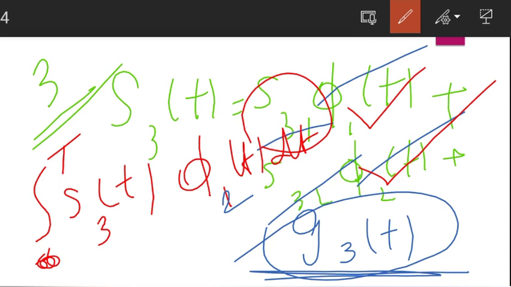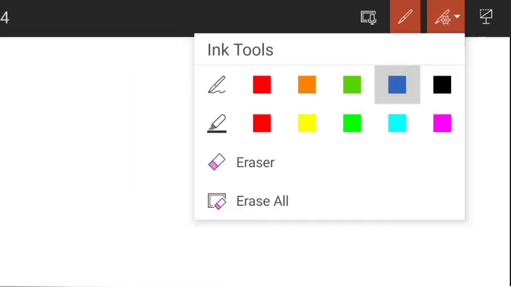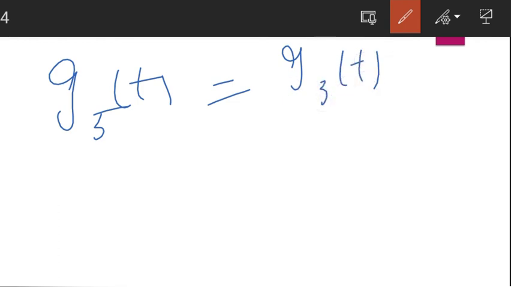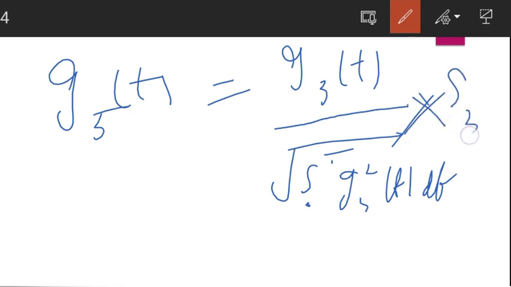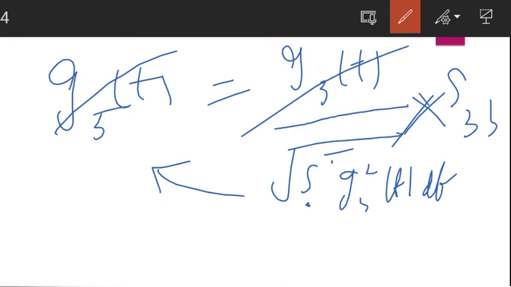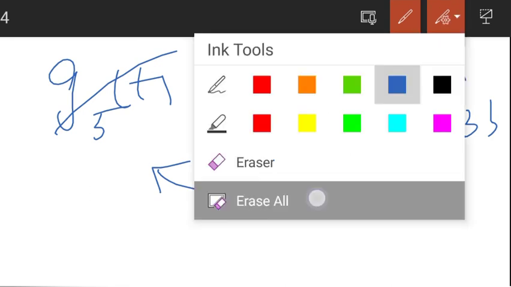I'll show it here: G3 of t is equal to G3 of t divided by the root of the integral from 0 to t of G3 whole square dt, into Phi3 of t into S33. Am I right? So this will get cancelled and this will go to this side, and what we will get is S33 is equal to the root of the integral from 0 to t of G3 of t whole square dt. Okay, that's a simple thing.